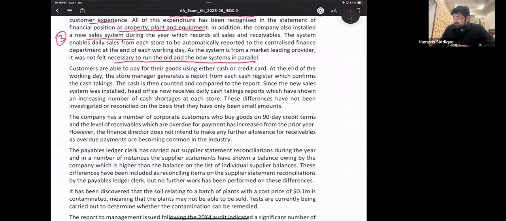Since the new system was installed, head office now receives a daily cash taking report, which has shown an increased number of cash shortages at each store. This difference has not been investigated as the amounts are small. But daily small amounts may collectively become material, and it might be fraud.